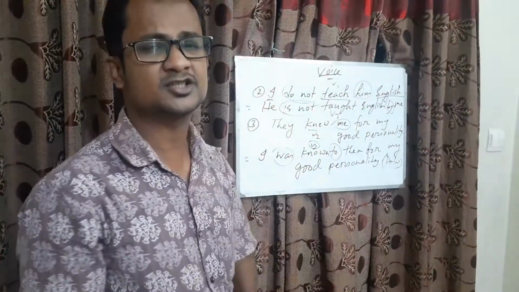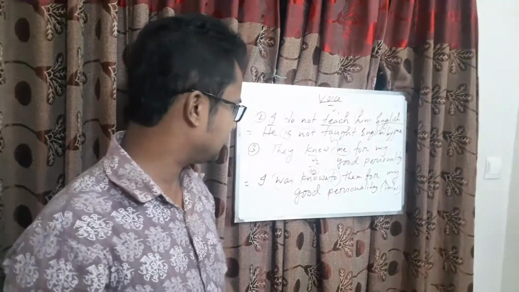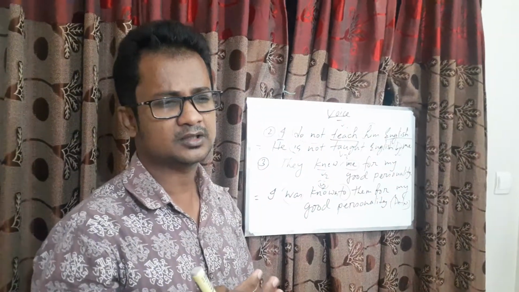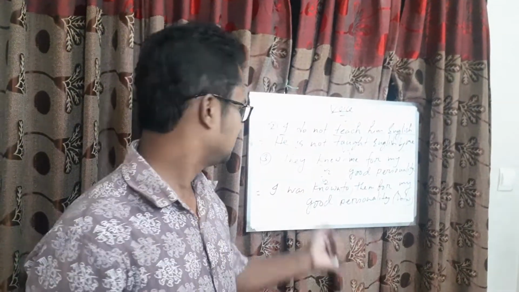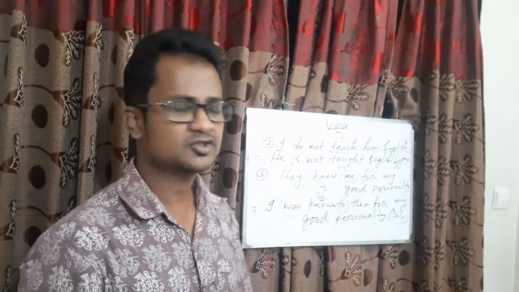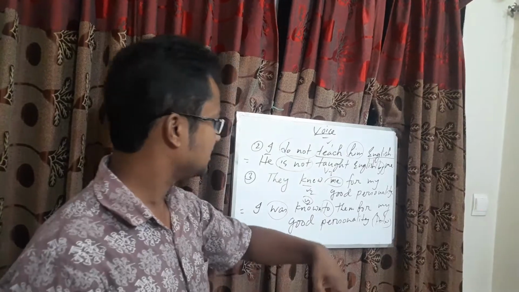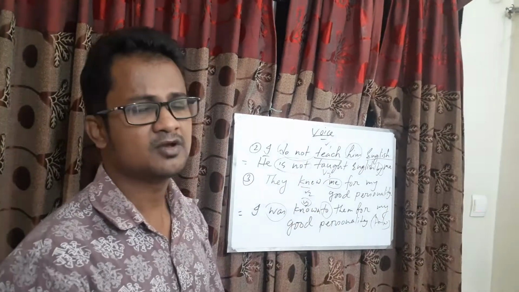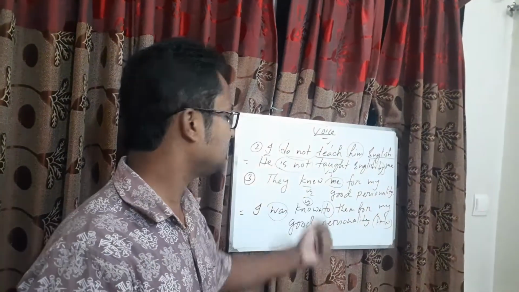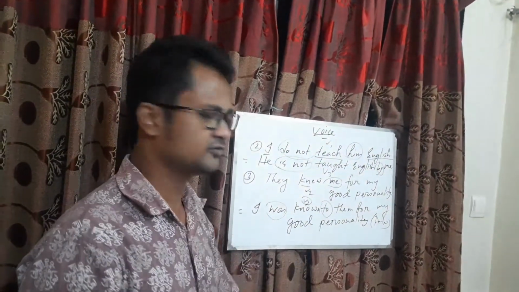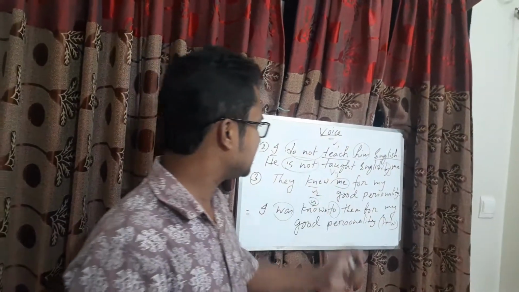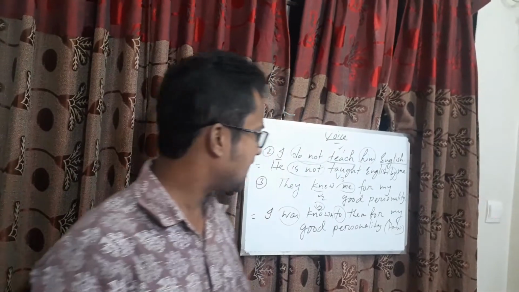I can use was, not were. Was will be with only the singular numbers, and were with the plural number. So was. And then according to the structure, there will be V3 of the main verb. What is the V3 of the main verb? Known. It's known. And then the extension.